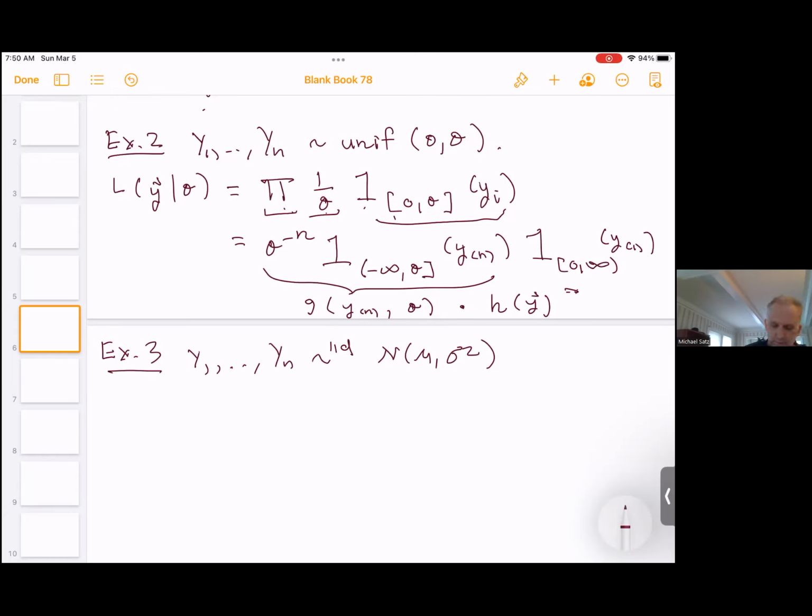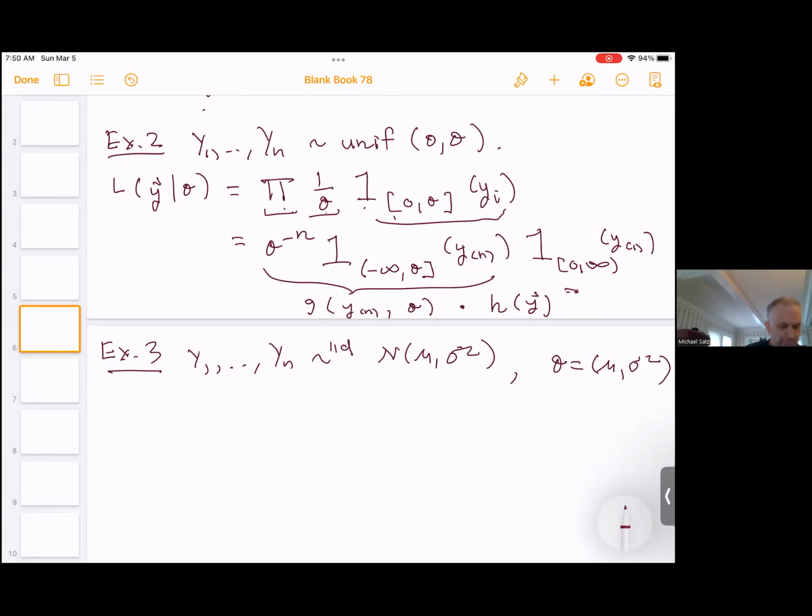So we will think of theta, the parameter, as a vector in R2, mu and sigma squared. And we will see T is also going to turn out to be in R2.